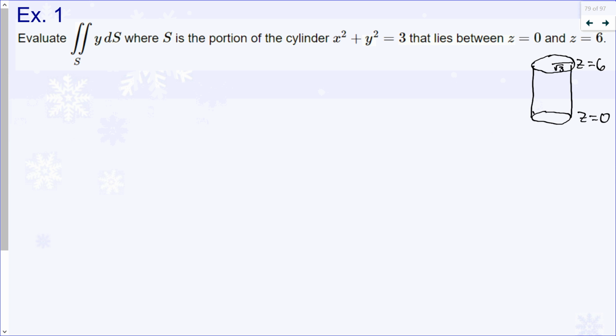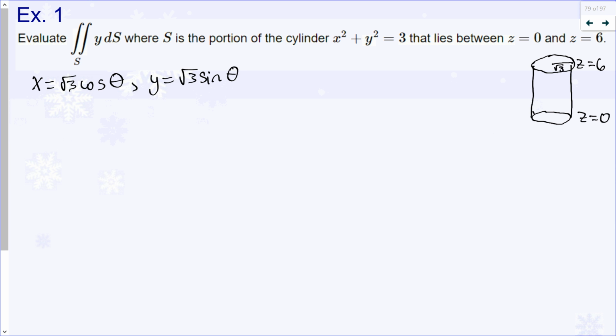So r doesn't need to be a parameter because we're just doing the surface. We're not filling in the inside. It's not a solid. So r is going to be radical 3. So we can define x as radical 3 cosine theta and y as radical 3 sine theta. And that gets us our circle with radius radical 3.